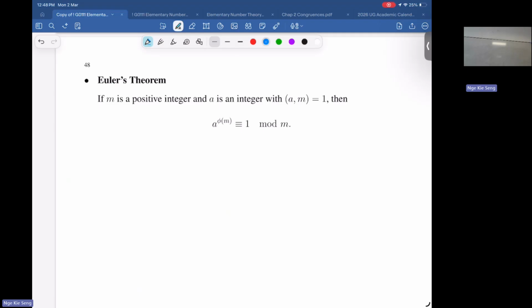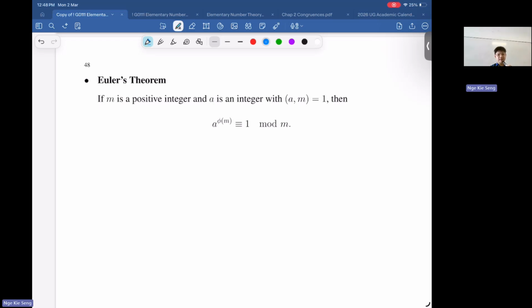The secret of Fermat's little theorem is that p minus 1 represents the number of integers that are relatively prime to p. So p minus 1 is not a mystery. It is actually counting how many numbers are relatively prime to p. If you forgot Fermat's little theorem, this is enough for you to recover it.